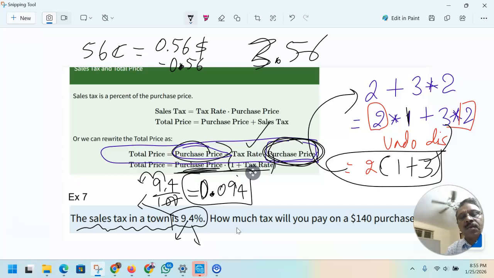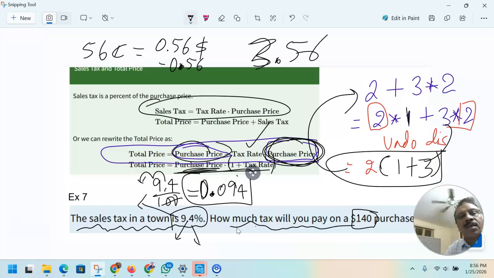So the question is how much tax will you pay on the purchase price? So the sales tax, this is the formula we can use directly. The answer: sales tax is the tax rate times the purchase price.